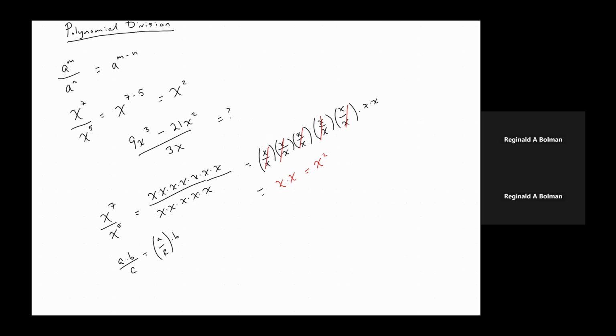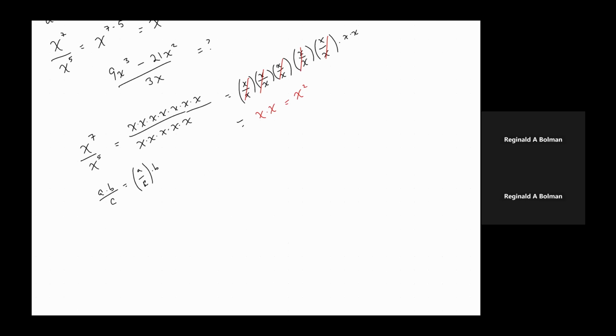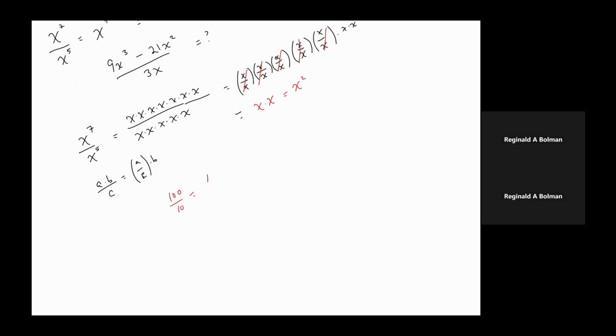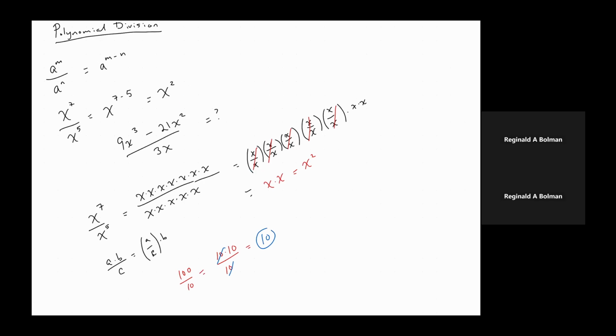If you have, say, 100 divided by 10, because we can write 100 as 10 times 10, you'll have 10 times 10 divided by 10. And because there is a common factor in the numerator and denominator, the common factor essentially divides out. So one way to approach these problems is to determine if there is a common factor in the numerator and the denominator.